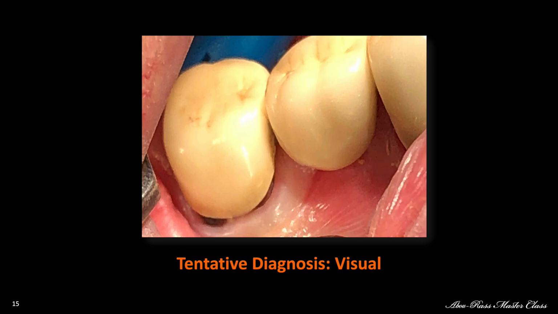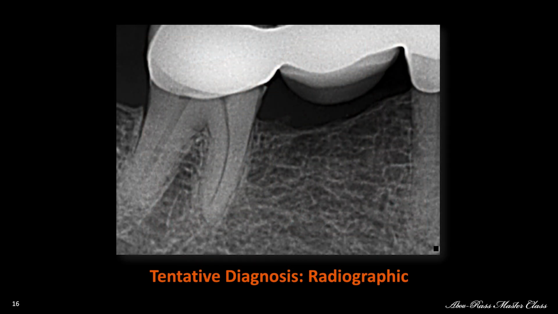So let's take a case. A patient came to us for a routine examination, and we observed these areas where you have gingival recession. This area was actually not soft when explored with the DG16 explorer. We take a radiograph and everything is fine.